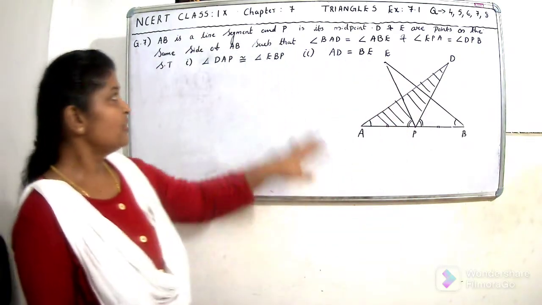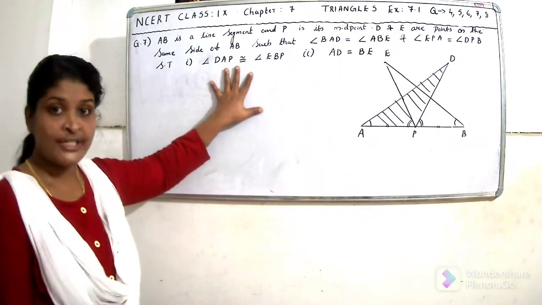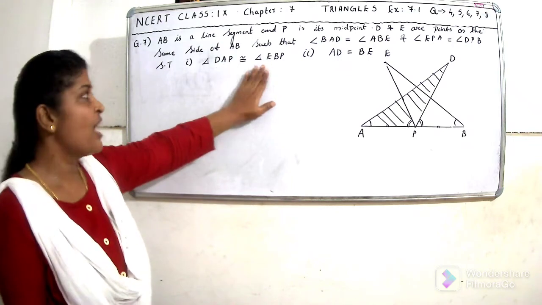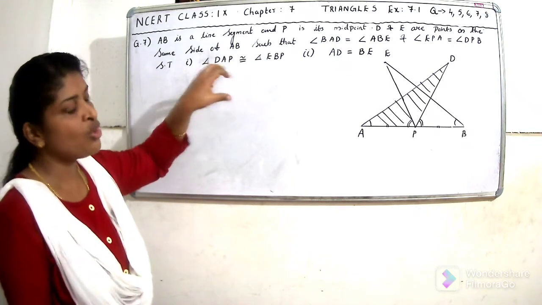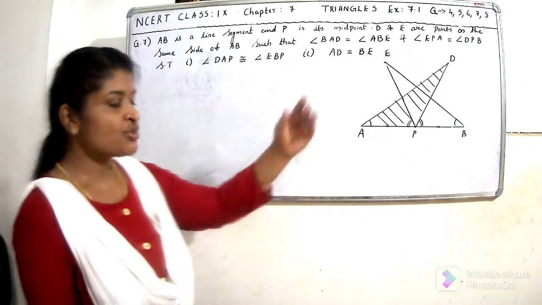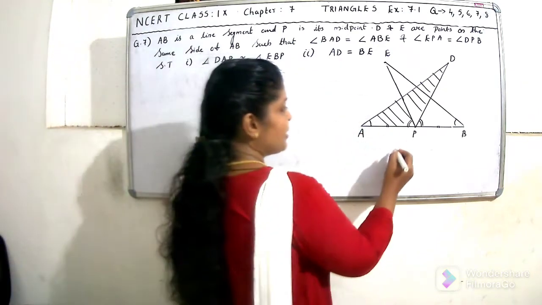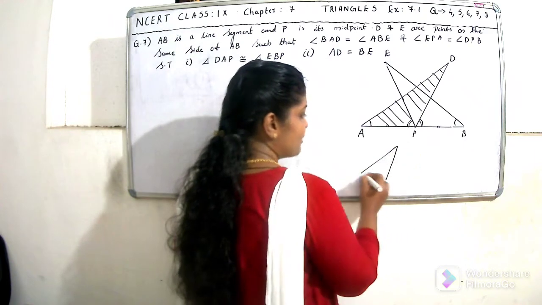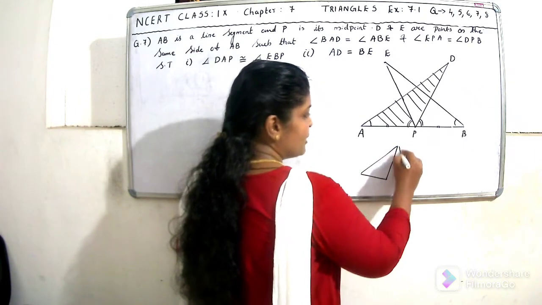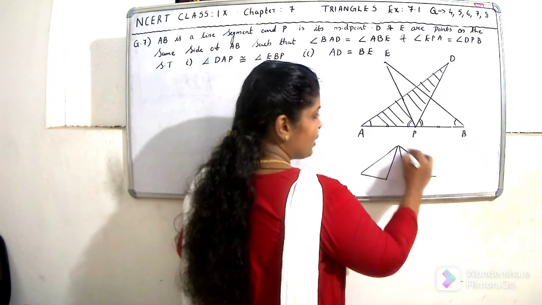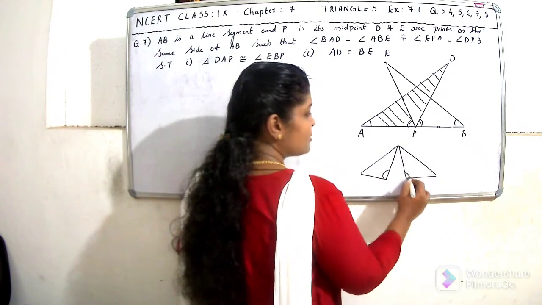So here we have to consider these two triangles first, and prove that the two are congruent. This question is similar to the previous one, because if we consider the triangles this way, here is the next triangle.